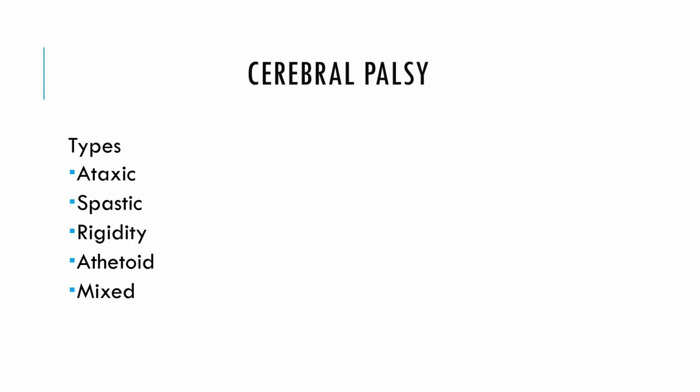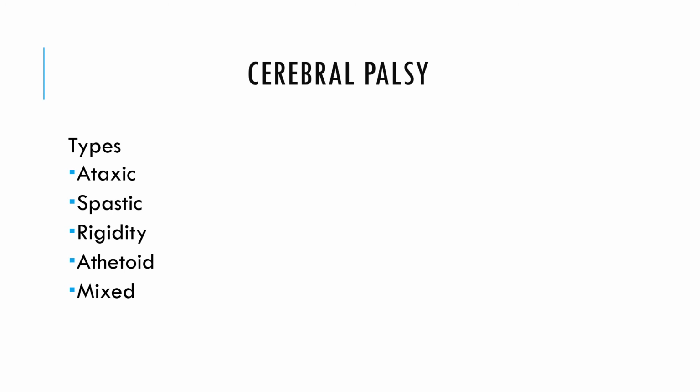There are 5 different types of cerebral palsy. First, you have the ataxic, which is poor muscle coordination, poor equilibrium, and an unsteady gait, possibly a wide gait. You also have spastic, which is hypertonicity with poor posture control, so their legs start scissoring over. They also could start walking or standing on their toes. They have persistent muscle contractions with potential development of contractures.